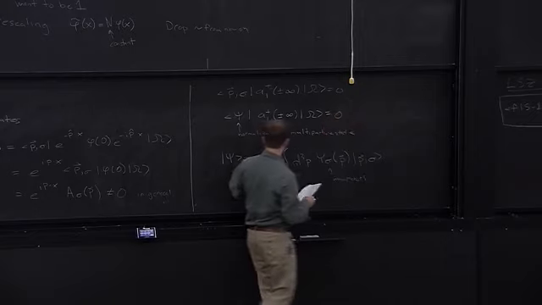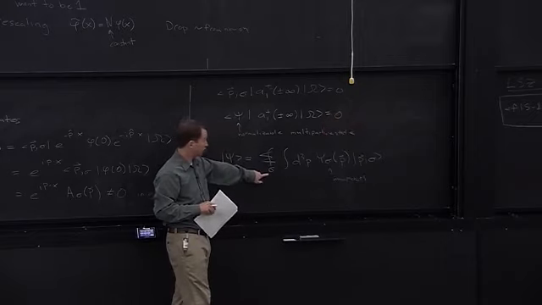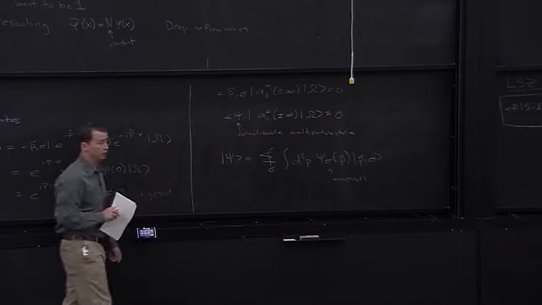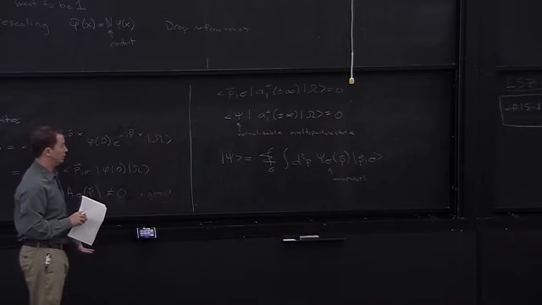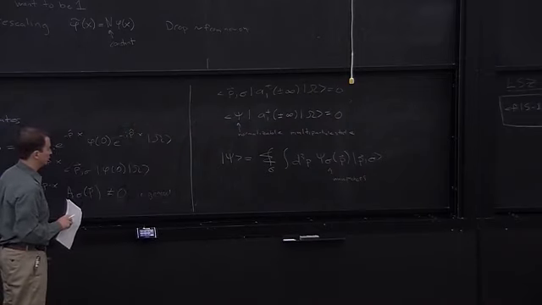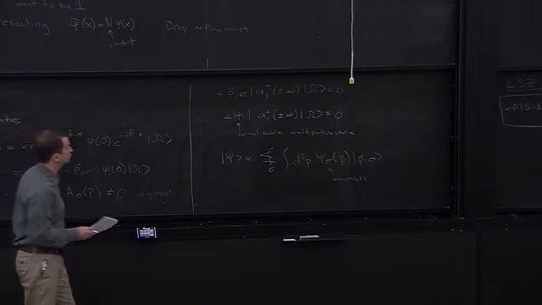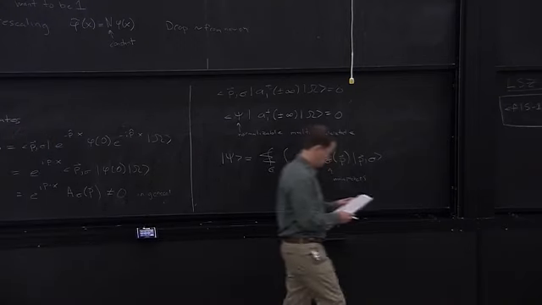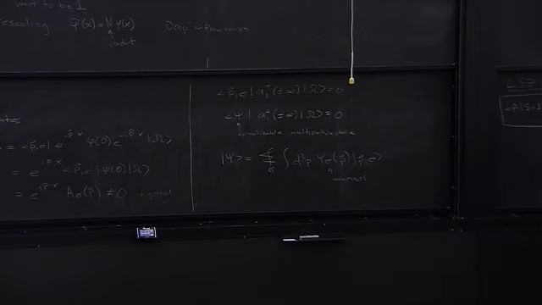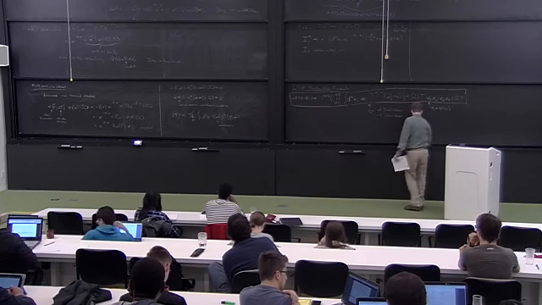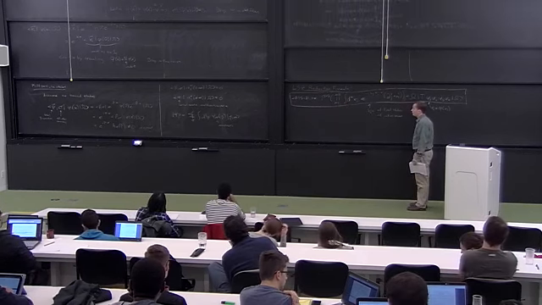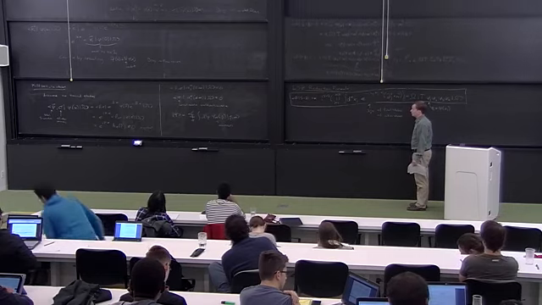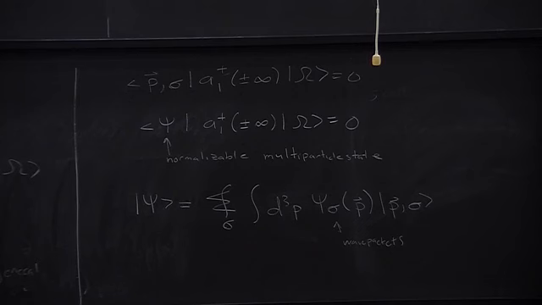And in this sum/integral, remember, sigma was just all of the other parameters we needed to specify the multi-particle state. Some will be discrete, some will be continuous. Okay. So let's compute this overlap, and we better hope it's 0.